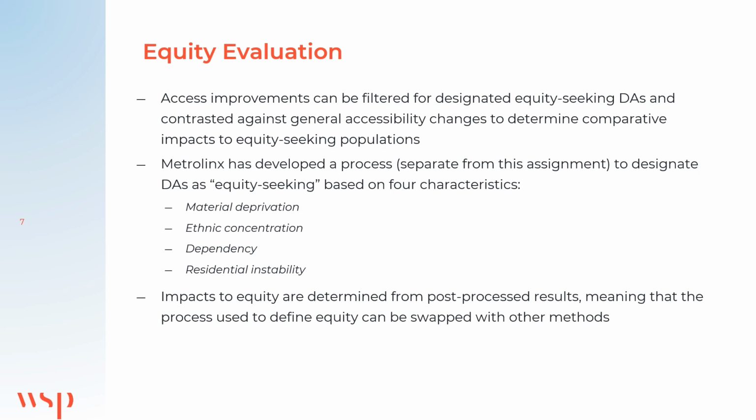And by measuring the impacts of the changes to both those specific areas, comparing it to the change overall, we can evaluate those two deltas and see if the equity-seeking groups are getting relatively better or worse off compared to the general population. I'm not going to get into the details of exactly how those equity groups are measured. Stephen Farber's here, he's an expert on this topic. We rely on the census methodology, which was developed by Statistics Canada. It's using census data, and it combines several factors of material deprivation, ethnic concentration, dependency, and residential instability.